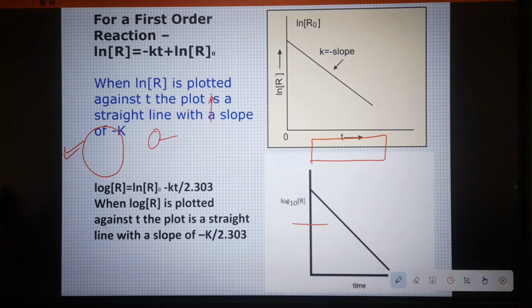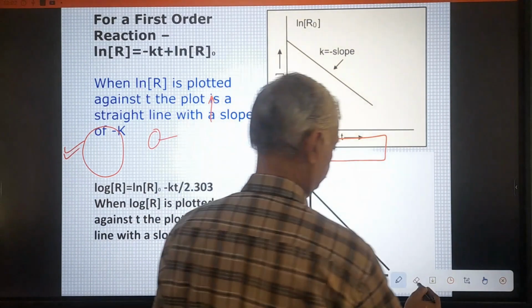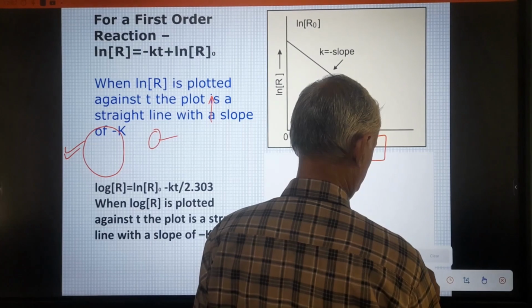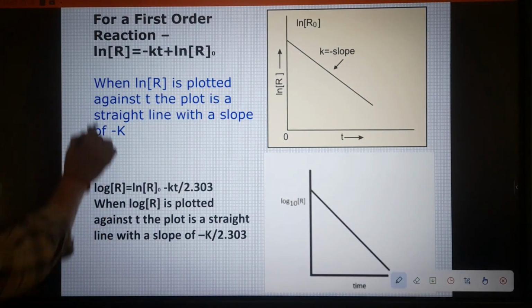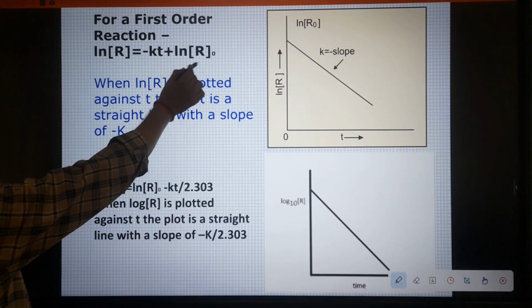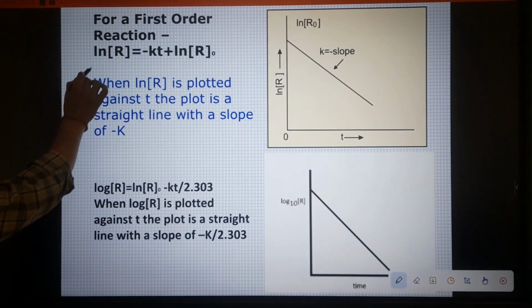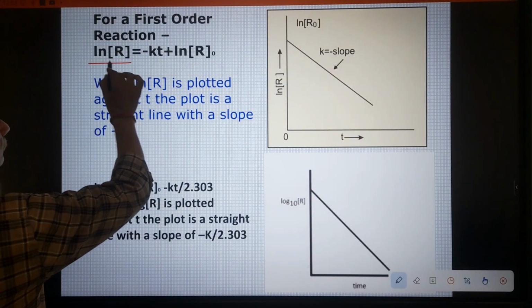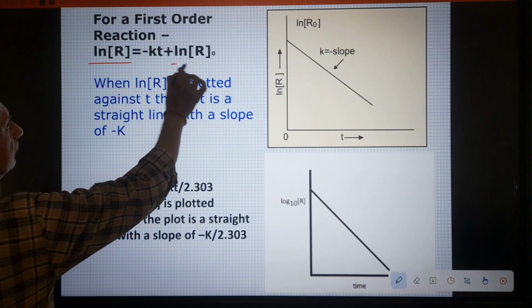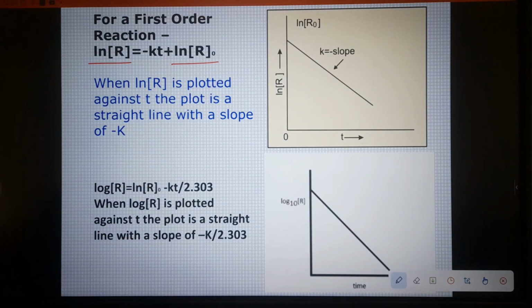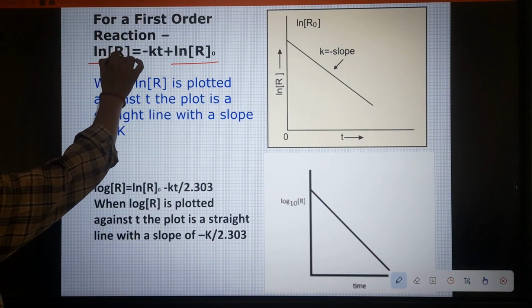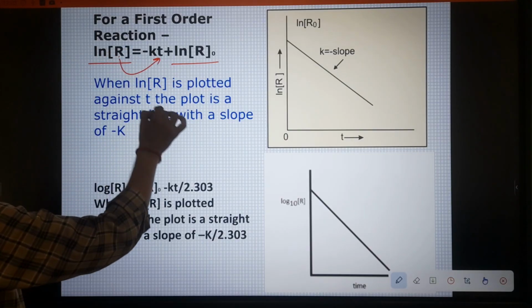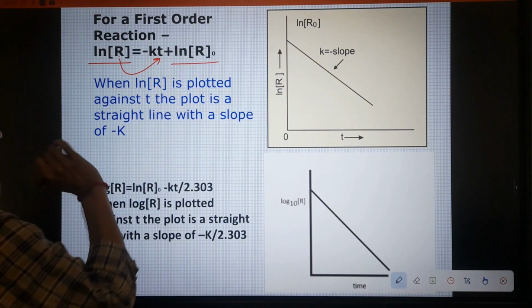Similarly, we can also plot for this equation which we derived earlier. This is the natural log of the concentration of reactant after time t, and this is the natural log of the initial concentration of reactant.